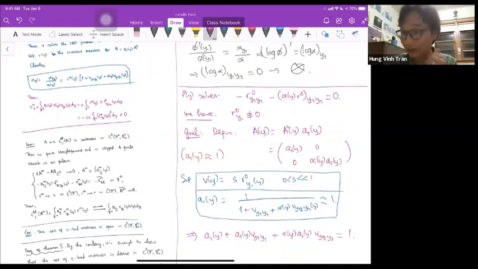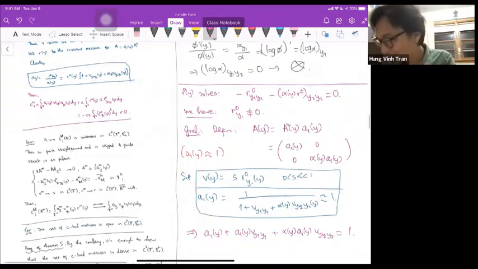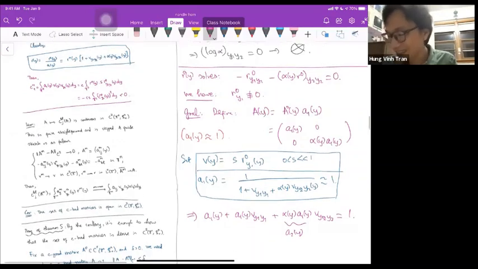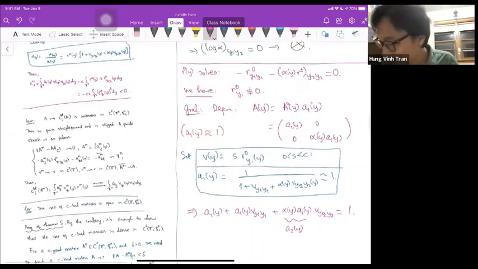So by design, we made it like this. Let's call this one a2 of y. Then I would have a1 of y minus a1 of y v_y1 y1 minus a2 of y v_y2 y2 equals a1 of y minus 1.